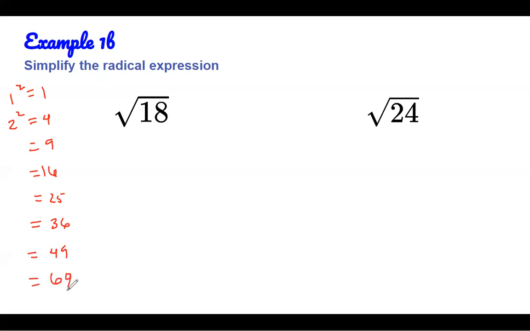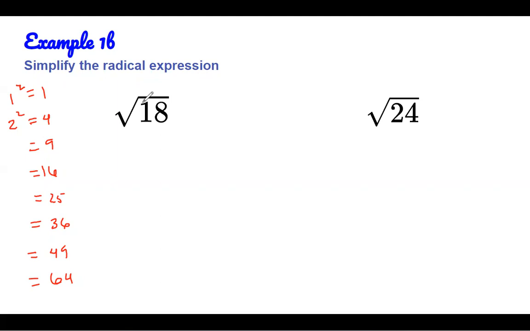And it keeps on going. It keeps going on and on, depending on what we have here as a perfect square. Now, I want you guys to start using these as part of the factors that we're going to have inside our radical in order for us to simplify.